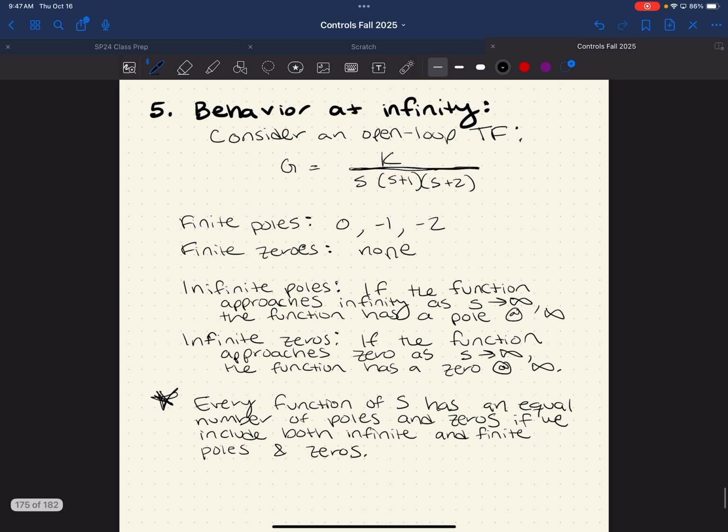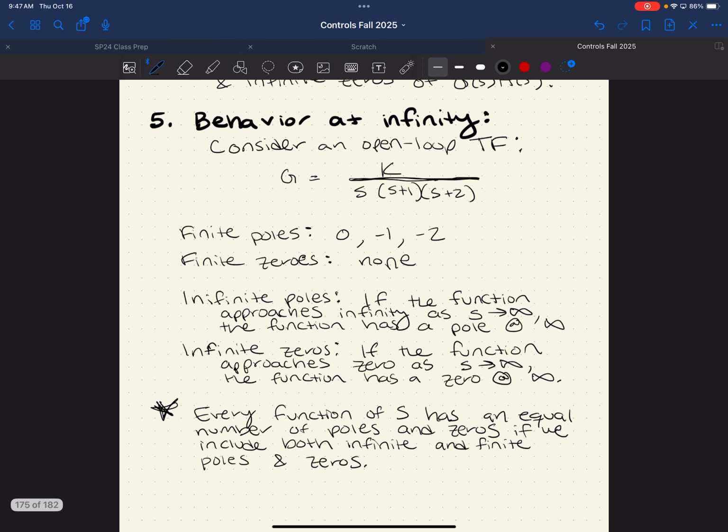Okay, so that means that if we look at this transfer function example here, there's actually two ways that we can show that we know that there have to be 3 infinite zeros. One is that we have 3 finite poles, and we need to have an equal number of poles and zeros, right?